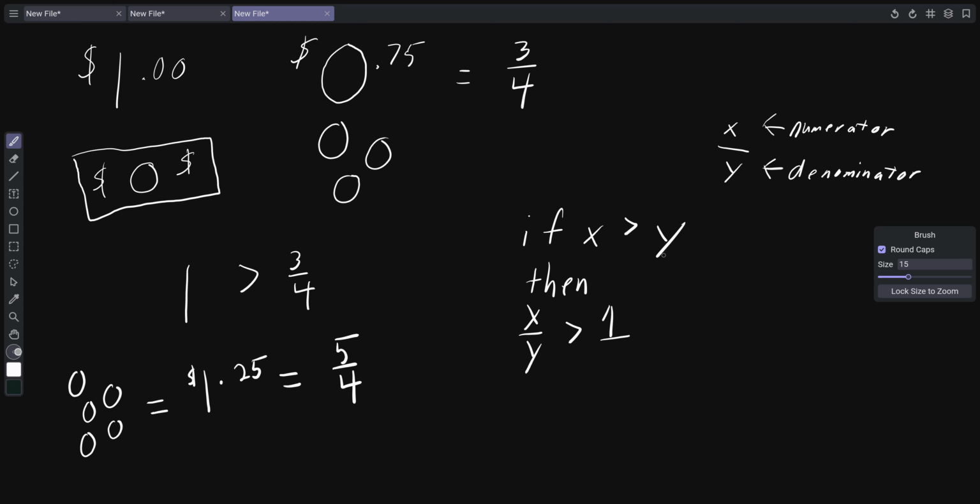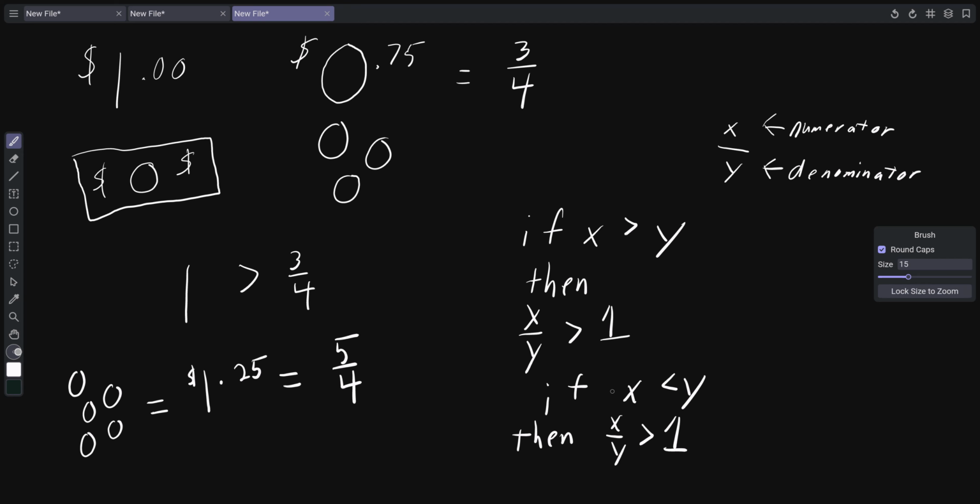And then by the same logic, we could also say that if x is less than y, then x over y will be less than 1.